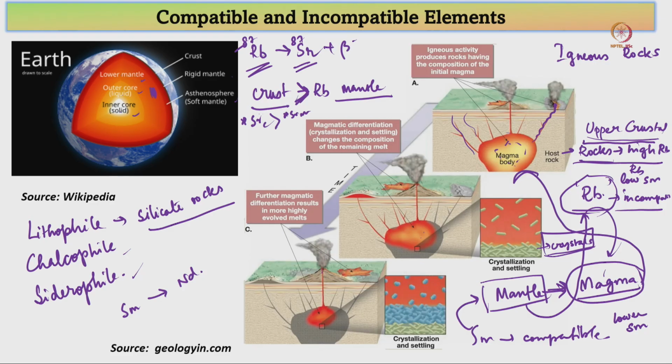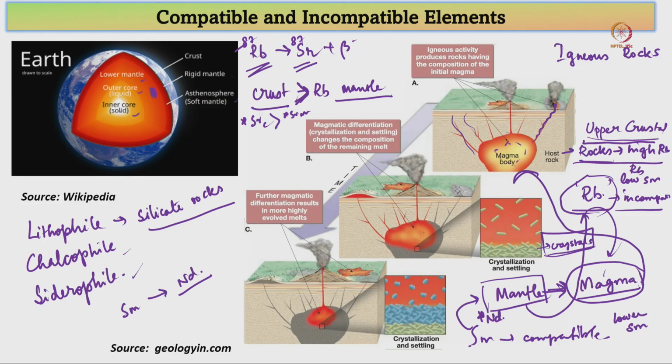So, wherever my samarium is high, my radiogenic neodymium will also be high. Now, since samarium is going to be high in the mantle, my radiogenic neodymium will also be high in the mantle as compared to the crust.